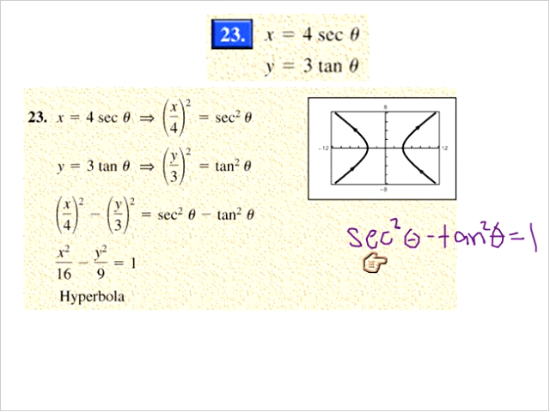I can substitute that into my formula to come up with this. Except now we can even jump a step further. If we want, instead of writing this here, we can say 1. And that simplifies one more step to x squared over 16 minus y squared over 9 equals 1. Because there's a minus sign here, and it does equal 1, I know that that is the conic section of a hyperbola. But again, I'm more interested in coming up with this rectangular equation.